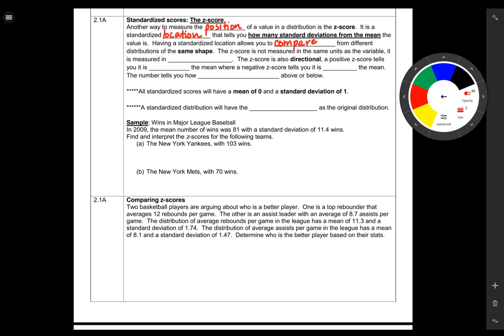So, for instance, if we're comparing heights of males in the US versus heights of males in China, and we have these two distributions, if we standardize, we can compare, say, Joe's height in the US versus Joe's height in China, where he might be one standard deviation above the mean in the US, he'd be 1.5 in China, meaning he'd be taller. So it just gives you a way to compare from different distributions of the same shape. The z-score is not measured in the same units as a variable. It is measured in standard deviations.